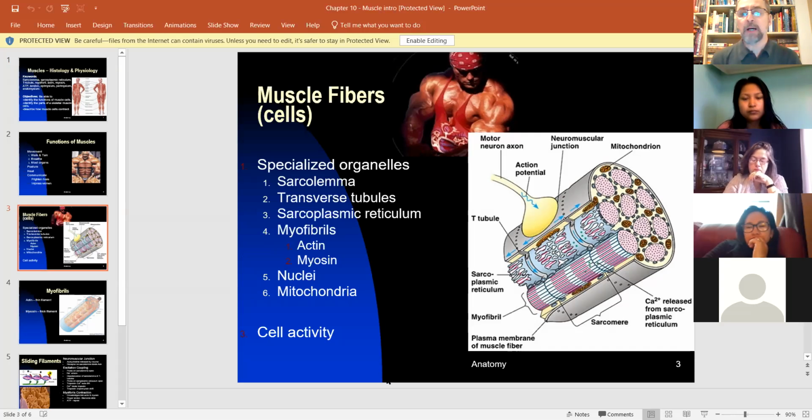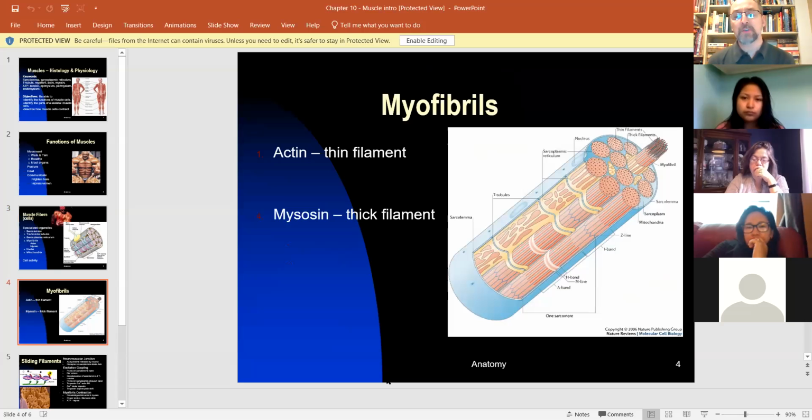They have a modified cell membrane so that they can receive messages from the nerve cell, and that they can spread an impulse into these tubules so it gets to the sarcoplasmic reticulum. Then generally these cells have lots of mitochondria, and they're so elongate that they have more than one nucleus. Okay, they're just unusual cells. It's really the myofibrils that make them unique.